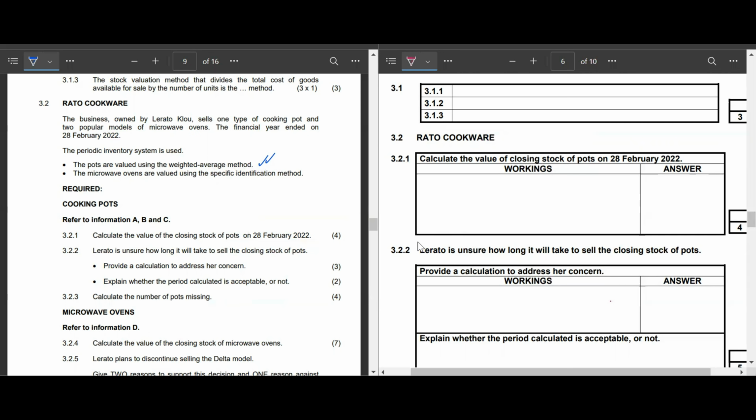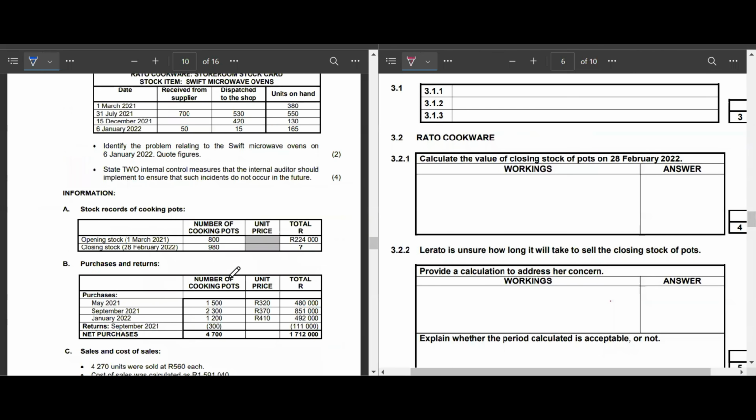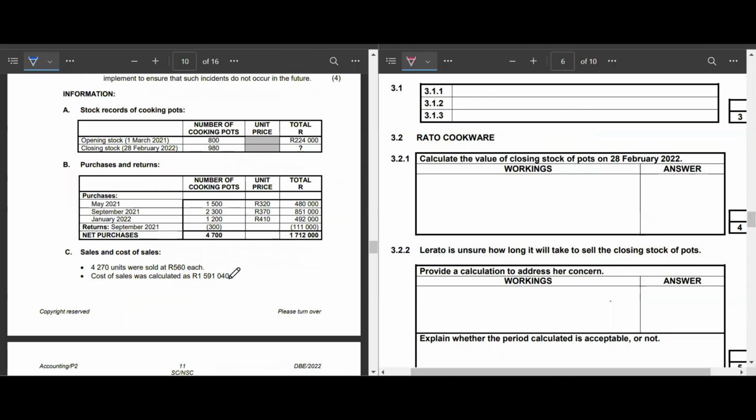To calculate the value of our closing stock, we divide our rand values by our units. We need our opening stock, which is easy to pick: we have 224,000 there. The units are 800 at the bottom.